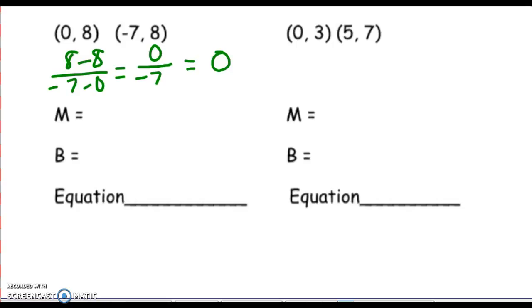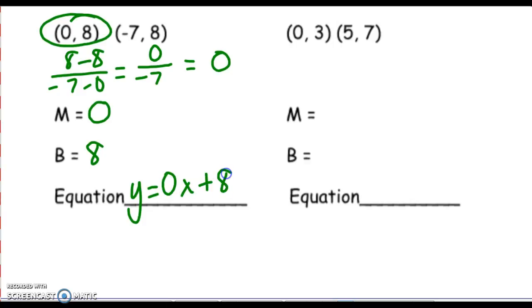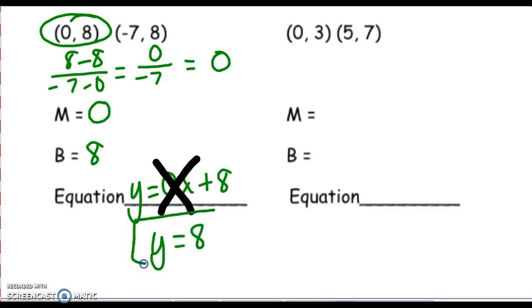So I'm going to go ahead and make my slope a 0, and my b would be right here, so it's going to be 8. So I now have y equals m, which would be 0x plus 8. Now, I don't necessarily need the 0x. It really goes away. So my equation is actually just y equals 8.